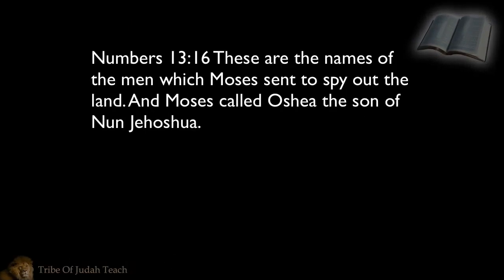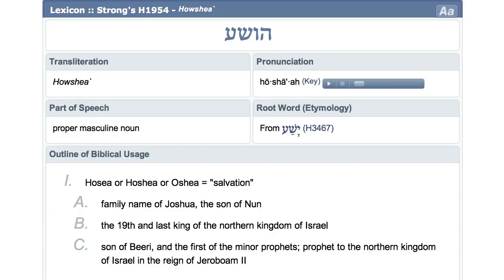Numbers 13 and 16. It says, "These are the names of the men which Moses sent to spy out the land, and Moses called Oshea, the son of Nun, Jehoshua." Who is Oshea? That was Joshua's original name. Watch. Let's look it up. Here it is. It's number 1954, and in the Hebrew it says, Ha-wa-shai.